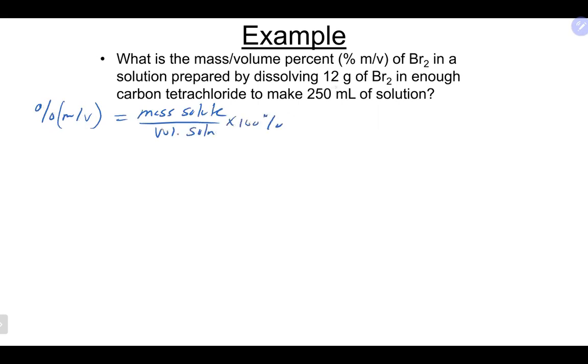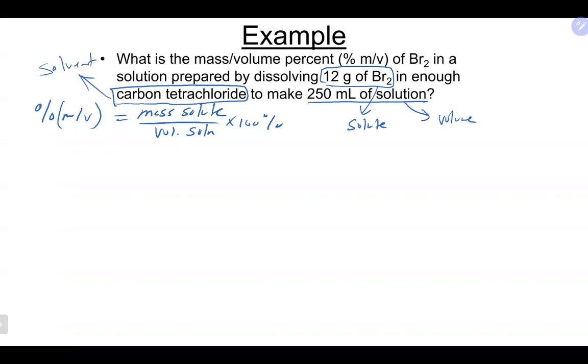In this case, Br2 is our solute, and they did give us the volume of the solution. The solvent is carbon tetrachloride, not that you necessarily need it to solve the problem here.